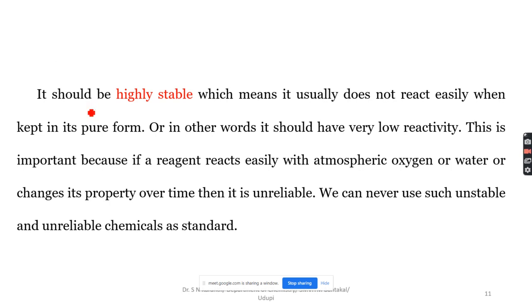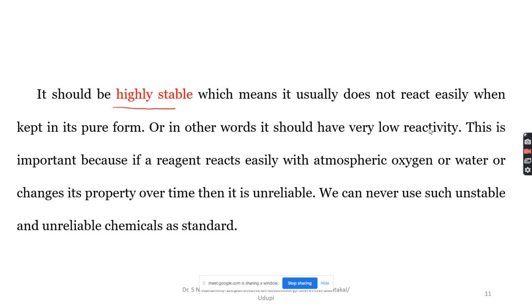And it should be highly stable. It should not react with any atmospheric content, which means it usually does not react easily when kept in pure form. If you keep the crystal in pure form, it should not interact with the atmospheric content. It should have very low reactivity at atmospheric temperature and with atmospheric content. This is important because if the reagent reacts easily with atmospheric content like oxygen, water, or carbon dioxide, it changes its properties.